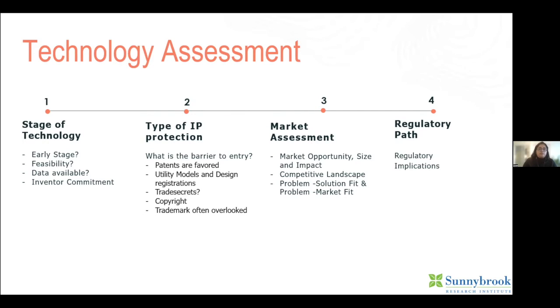And of course, finding the fit is extremely critical. Does it address a particular need in the market? If yes, what does that problem solution fit look like? And also, what does that problem market fit look like? So, for instance, if you have developed a technology where you think, yes, it addresses the need in the technology space 100%, great, so we have a problem solution fit, which is 100%.